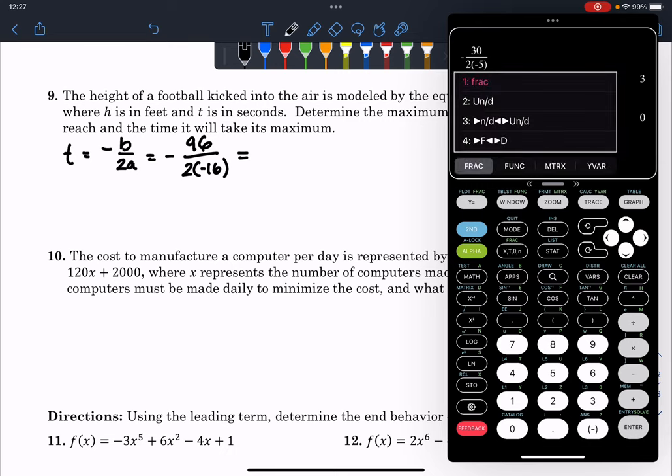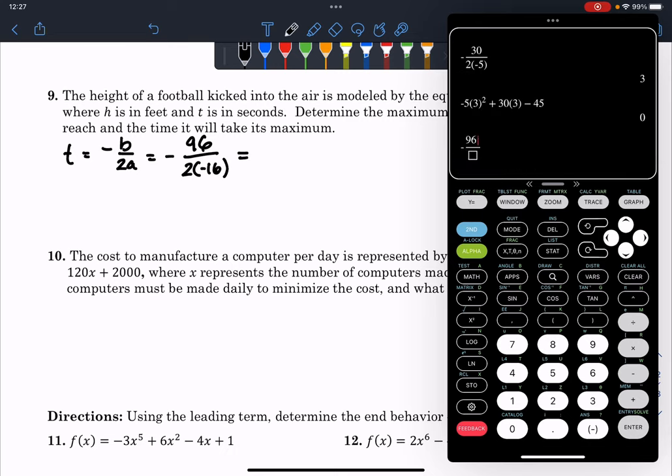Let's not make a mistake here. And 2 times negative 16 equals 3. So there.